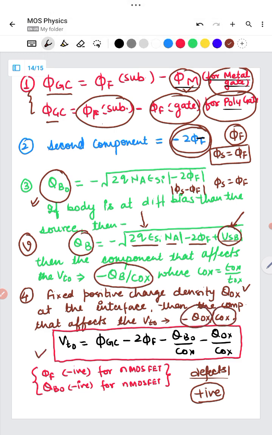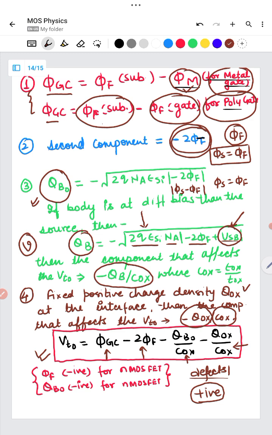What is the total threshold voltage of a MOSFET when there is no bias? Phi GC, minus 2 phi F, minus QB naught divided by Cox, minus Qox divided by Cox. We could have taken all the signs positive also, but then you need to put the values of these terms in magnitude, not with a sign.